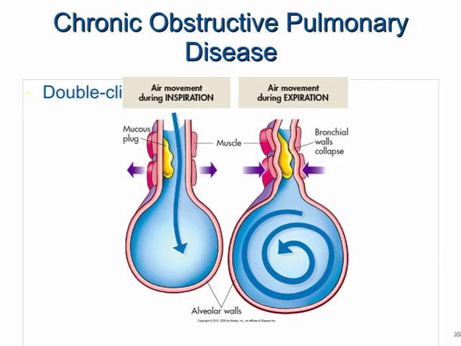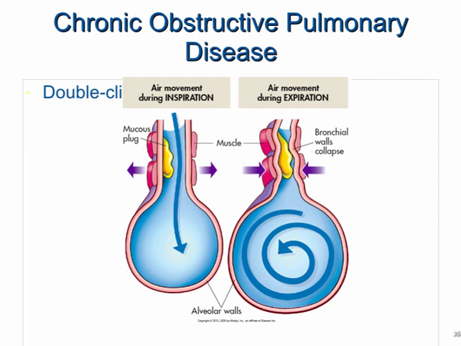This again is just another good image. When you look at an alveolar wall, this is the area where you have gas exchange where air comes in. If you look on the left, this is air coming in during inspiration. So if you have a mucus plug, air can pass through, and they don't really have an issue inspiring air and getting it into the alveoli.